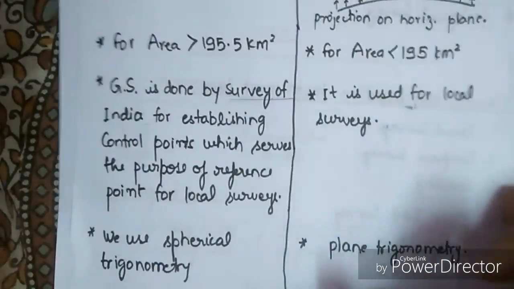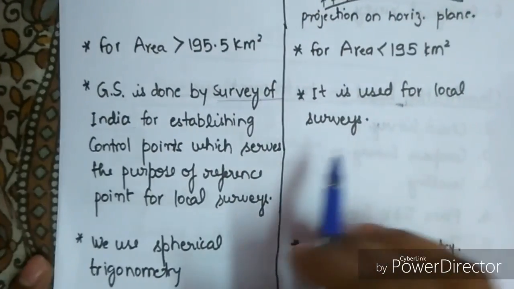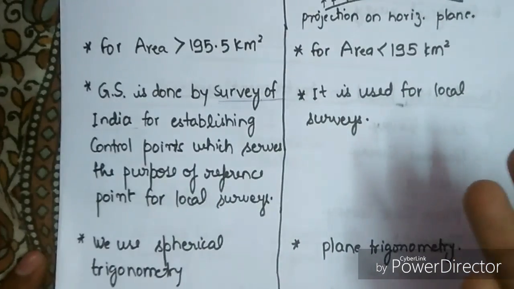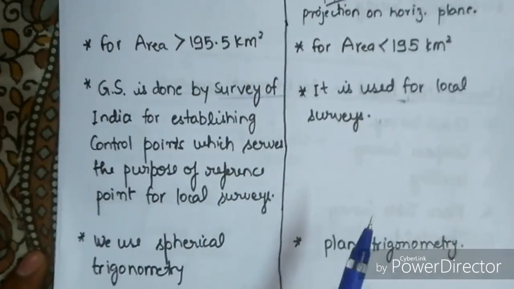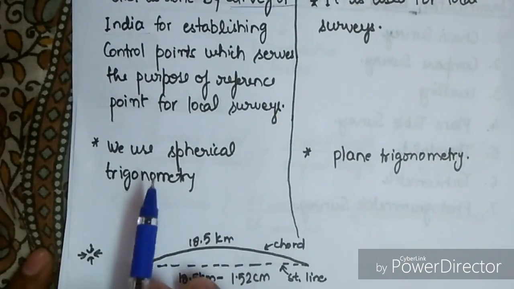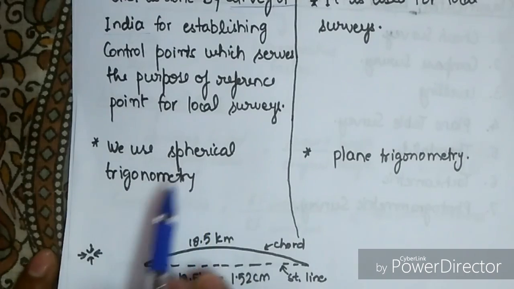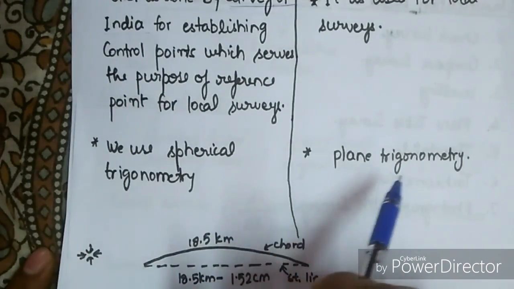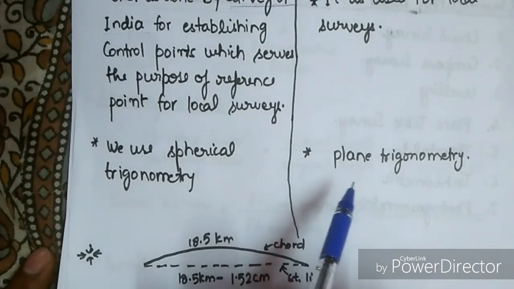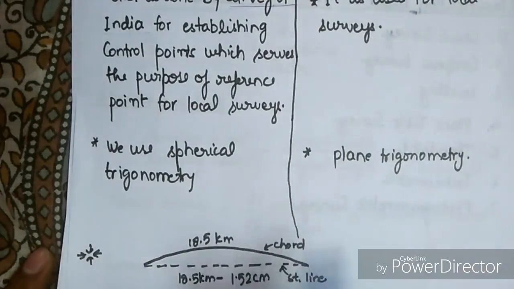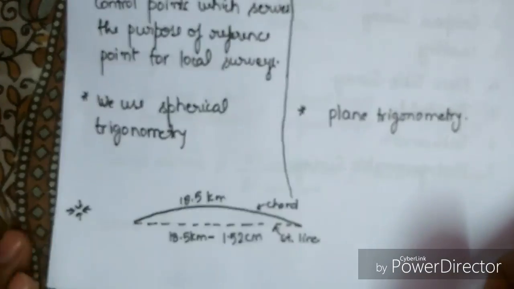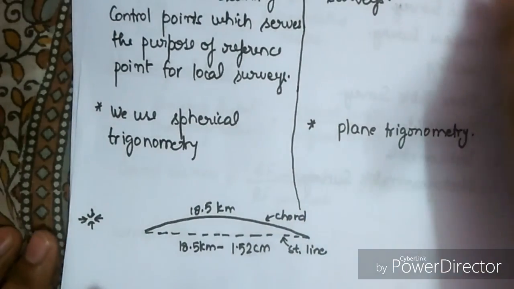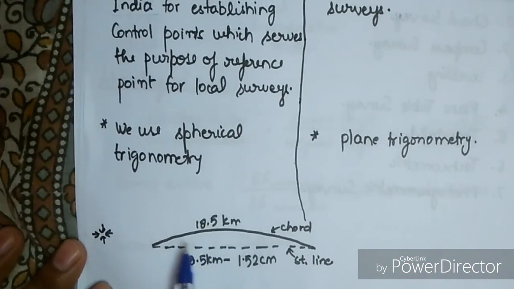Okay. Now the plane survey is used for local surveys, like we perform plane surveys only. Now in geodetic survey we use spherical trigonometry, and in plane survey we use plane trigonometry, like those arithmetical formulas and trigonometrical formulas. We can see here why we use plane survey, because the 18.5 kilometer, this is the curved length.